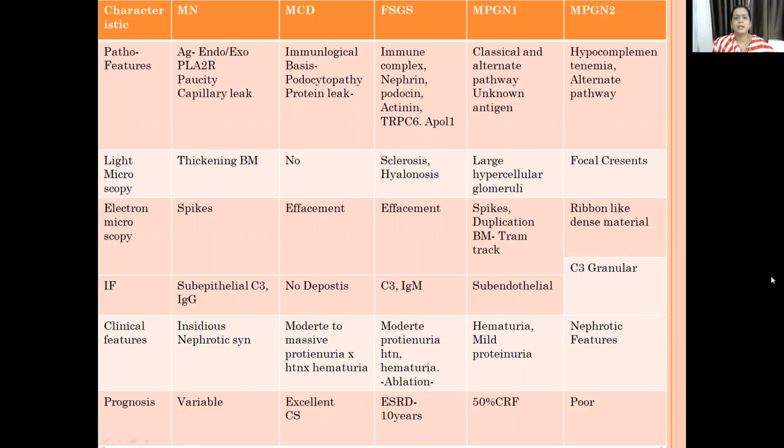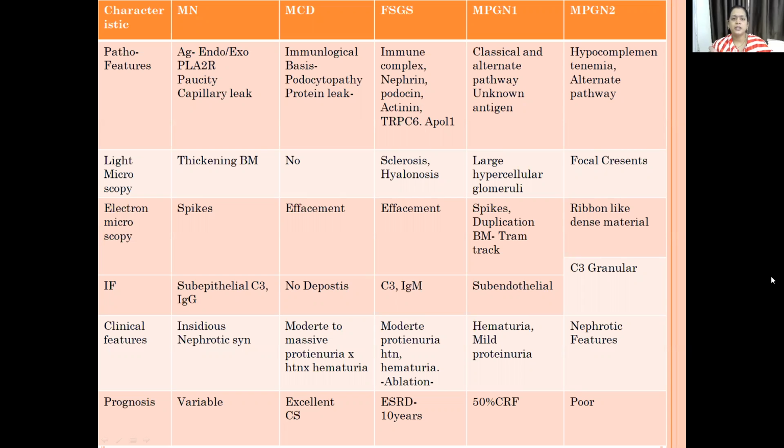So the visceral epithelium, I told you the structure, there are two visceral epithelial cells. Integrity is maintained by the nephrin molecule, the podosin, the alpha-actinin, TRPC6, right? So this nephrin molecule is an extracellular molecule encoded by the gene NPHS1, and whenever there is a mutation in this gene, it will cause a congenital nephrotic syndrome.